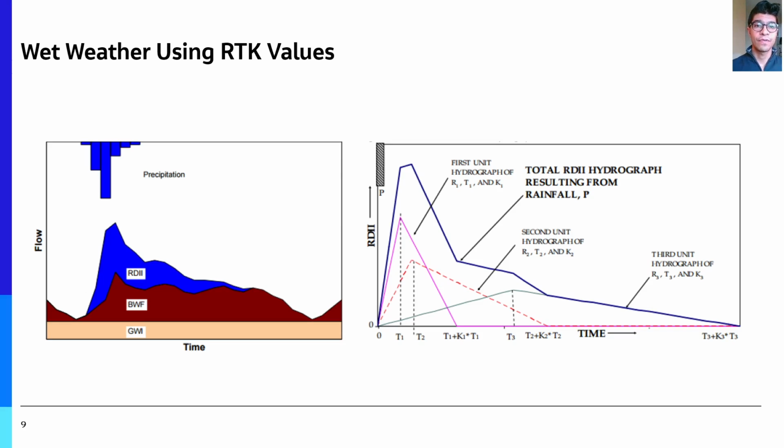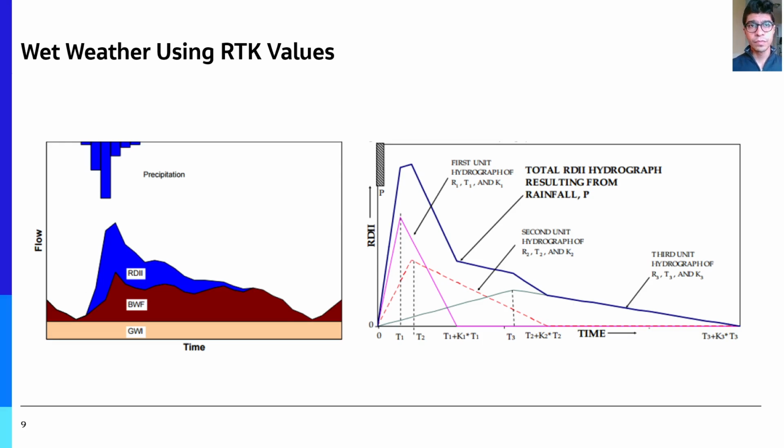The first set of RTK values would be the first unit hydrograph, which is the short-term response. The second set of RTK values would represent a hydrograph for medium-term response, and the last set of RTKs would be for long-term.